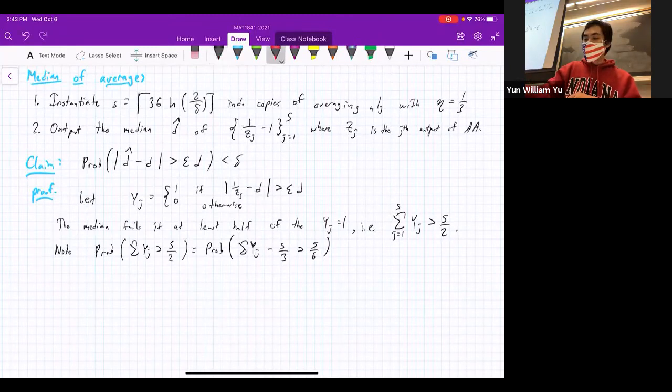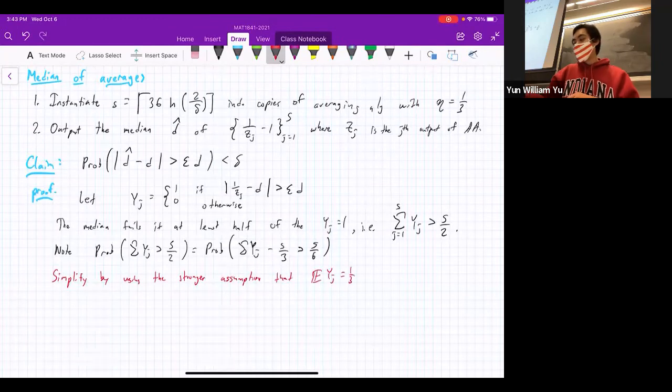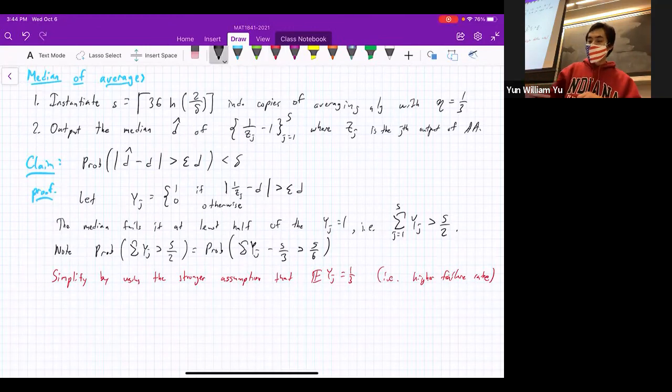First, let's simplify by using the stronger assumption that the expectation of yj is actually equal to 1/3. That is a higher failure rate. You can carefully work through it with the less-than bound, but we're just making the error rate higher, so it only hurts us.